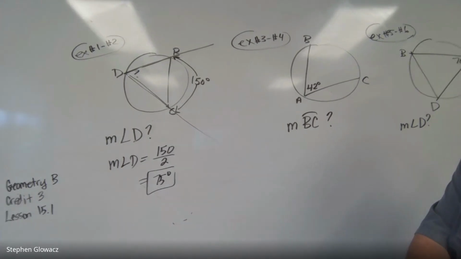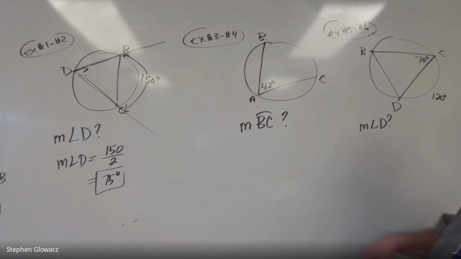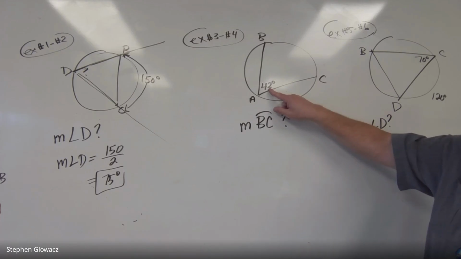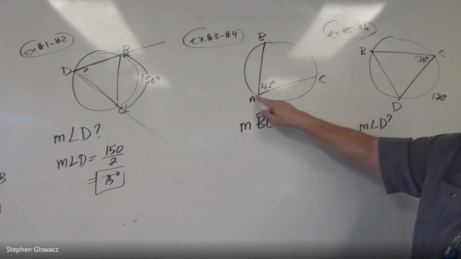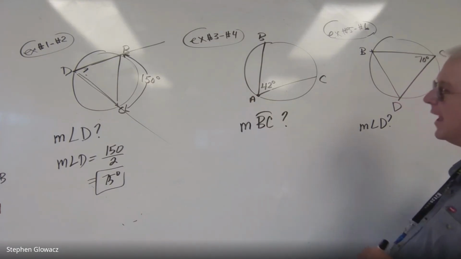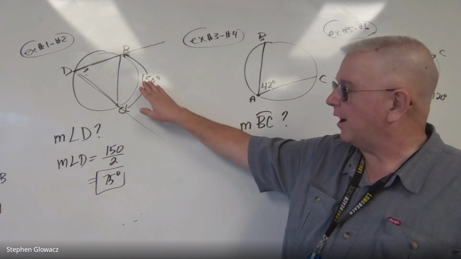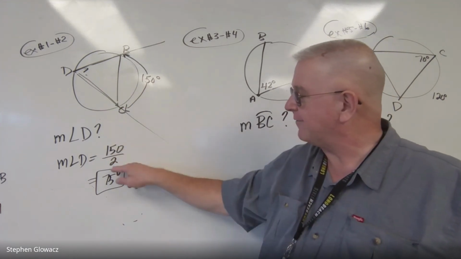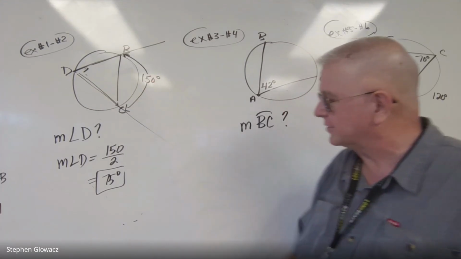Now we can also work it the other way, and find the measure of this arc here. In this case, we don't have an inscribed triangle, but we do have an inscribed angle. This vertex here is on the circle. If we know the arc, as we did for problems 1 and 2, the inscribed angle is half of the arc that it intercepts.